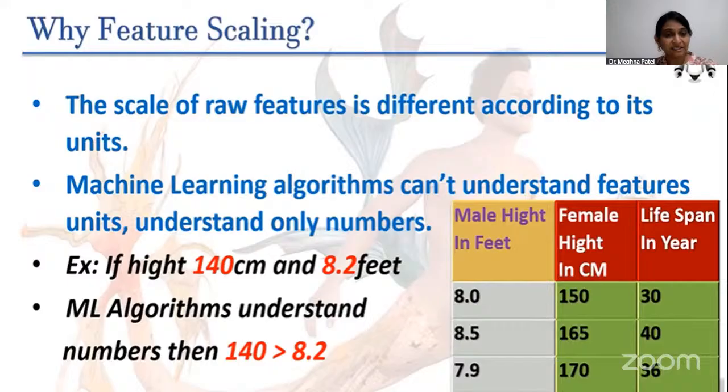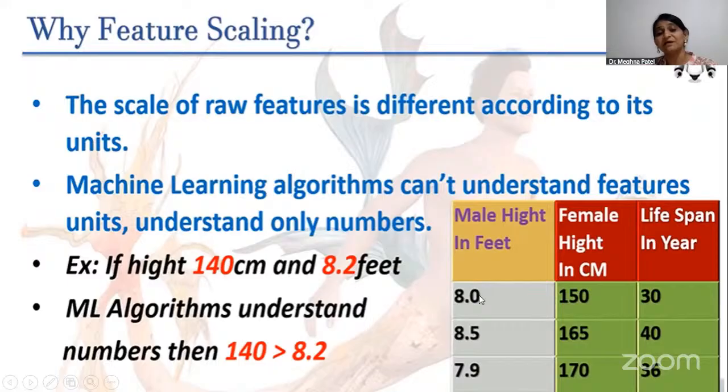What is feature scaling? The scale of a raw feature depends on its units. Why is it important? A machine learning algorithm can't understand the units, it understands only numbers. In real life, height is 140 centimeters and also 8.2 feet, and 8.2 feet is higher than 140 centimeters.